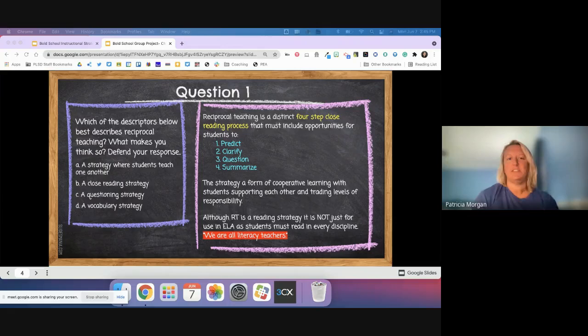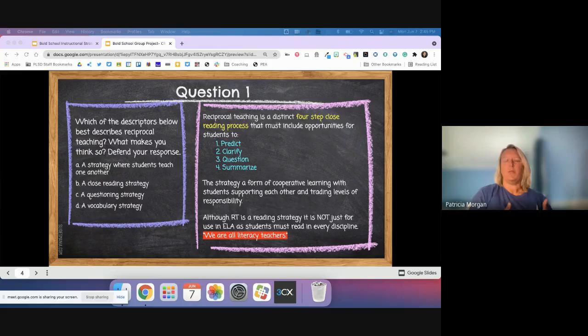And students have opportunities to predict, clarify, question, and summarize. The strategy is cooperative learning, and students support each other and then trade levels of responsibility. So ideally, each student has the opportunity to do each of these jobs.